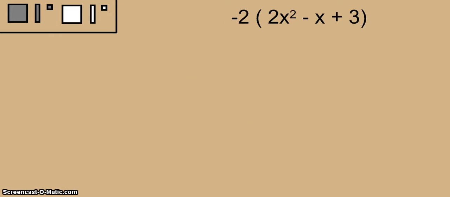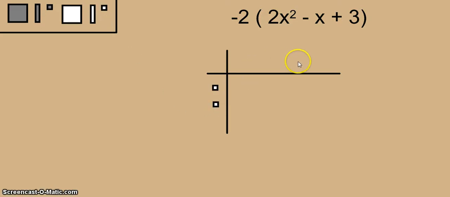In the next example, we will multiply the constant term negative 2 by the trinomial 2x squared subtract x plus 3. We begin by setting up our multiplication table. Coming down the side, we will model negative 2 using 2 unshaded unit tiles.